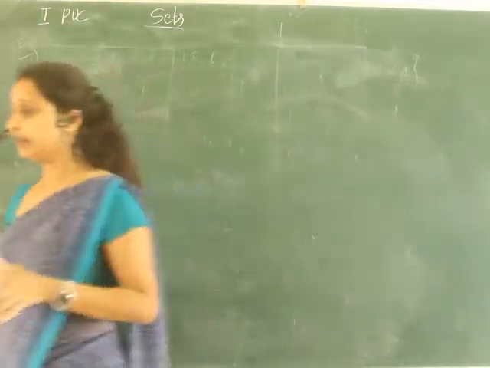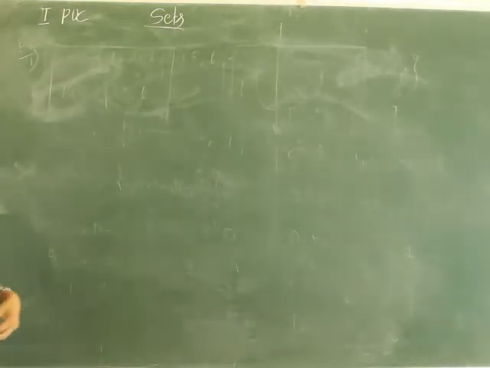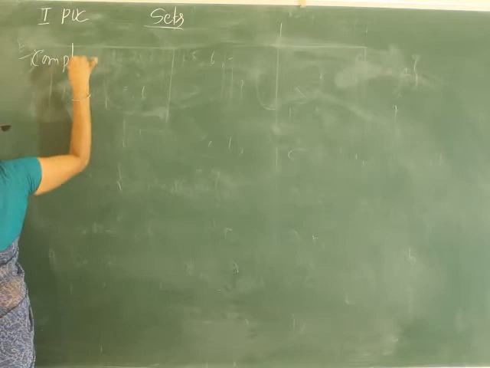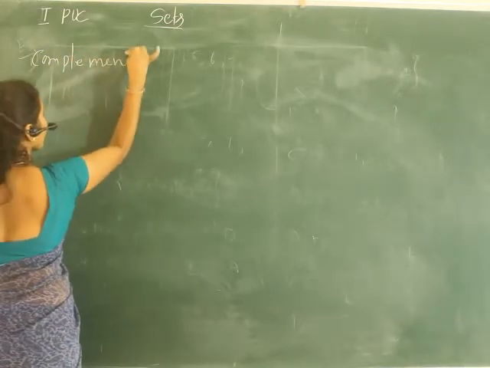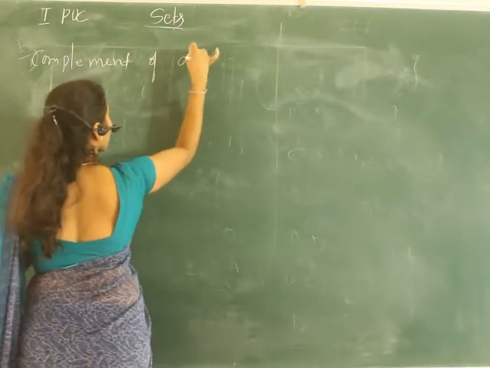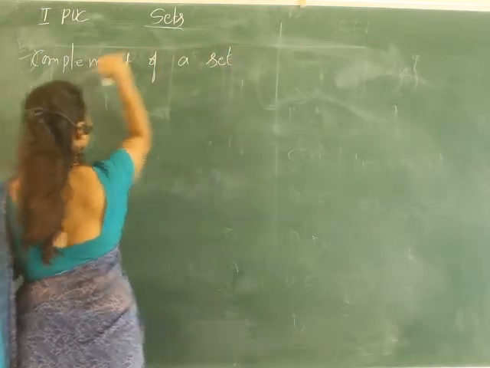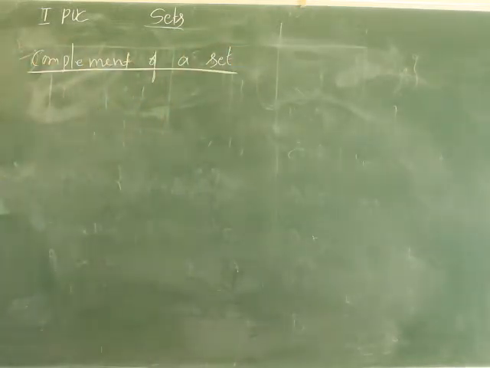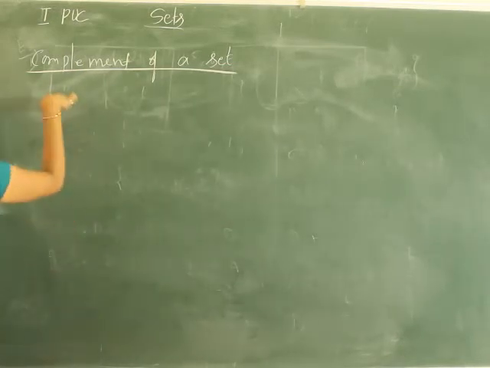Next is the complement of a set. So what is the complement of a set? Suppose A is a set and U is the universal set.